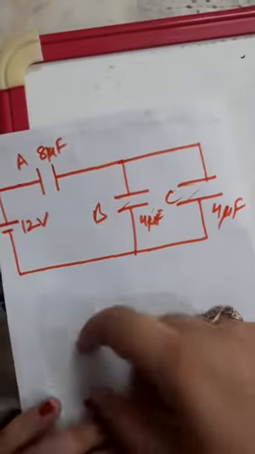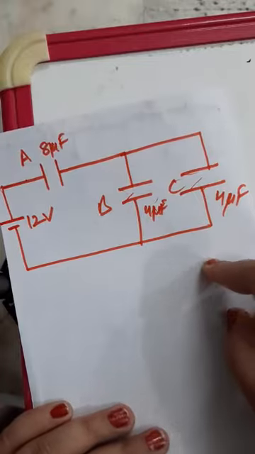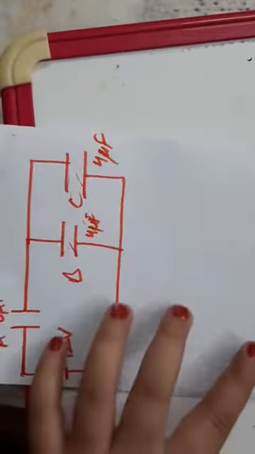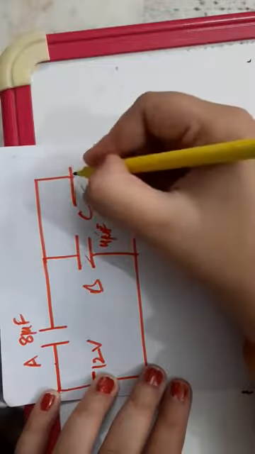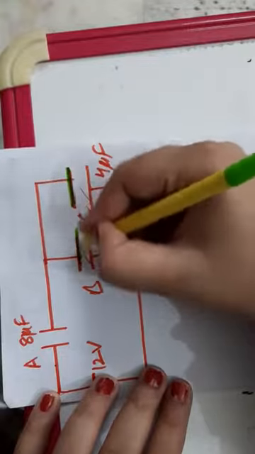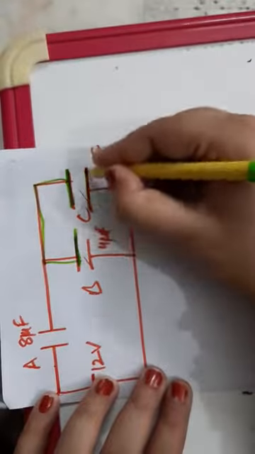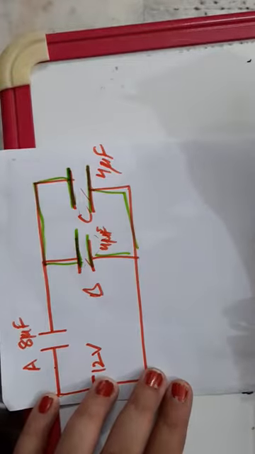Now you have to find out the equivalent capacitance of this combination. So how are you going to get it? Can you see here that if you rotate this, the left plates of these 2 capacitors are connected together and the right plates of these 2 capacitors are connected together.